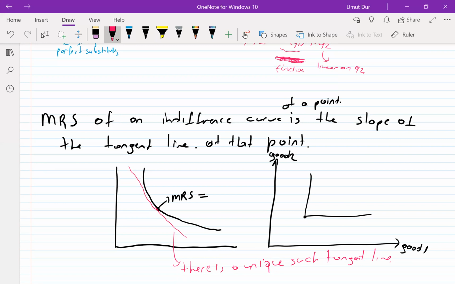Let's try. I'm just looking for a linear line which is just touching at that point.